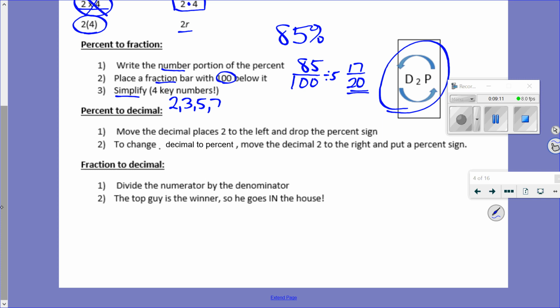The 2 tells me how many places I am moving it. The arrow actually shows you which way you're moving it. So the arrow goes alphabetical. D goes to P. That's our start. On the top, if I've got a percent, then I'm going to decimal, I'm going to the left.